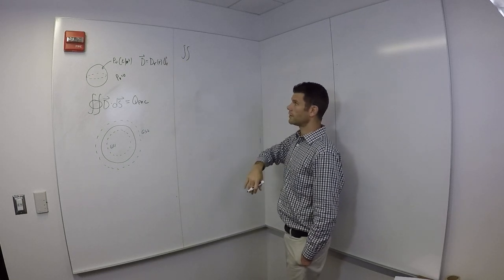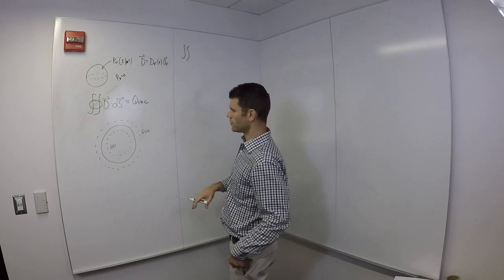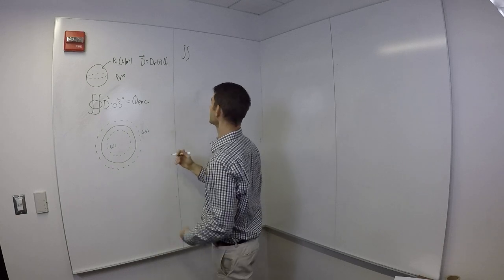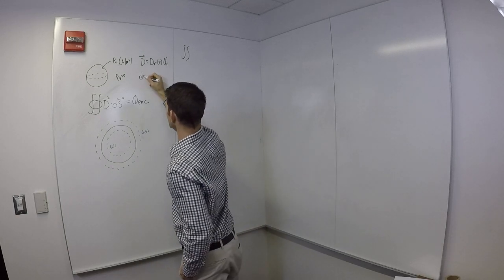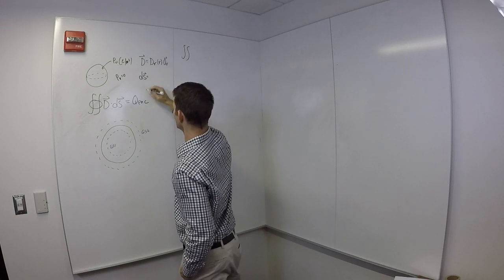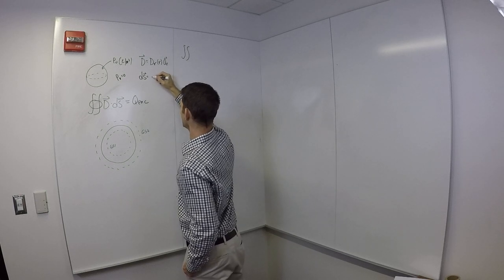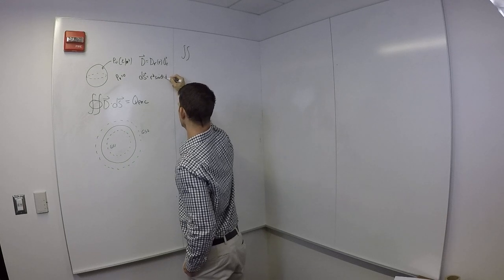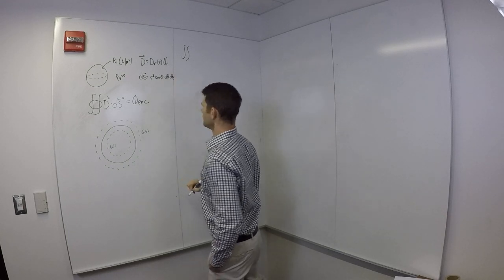So we get D_r. Now, if we're going to pick a sphere as our Gaussian surface, we have to know what dS is. dS for a sphere is going to be equal to r squared sine theta d theta d phi.